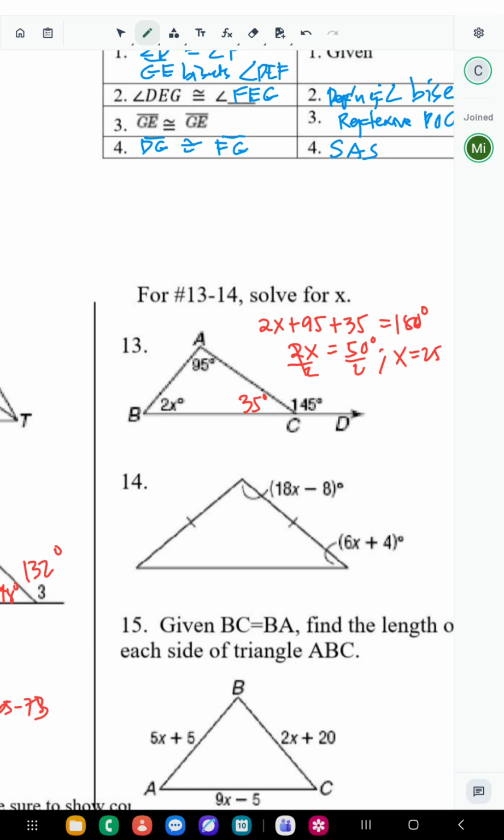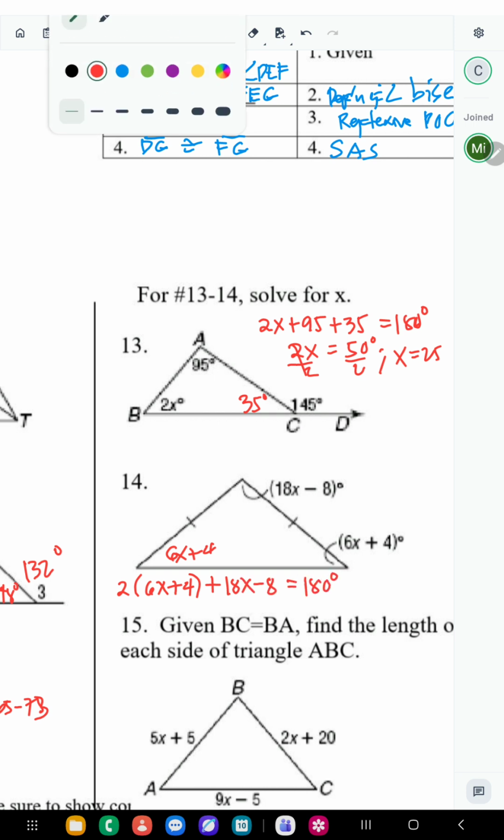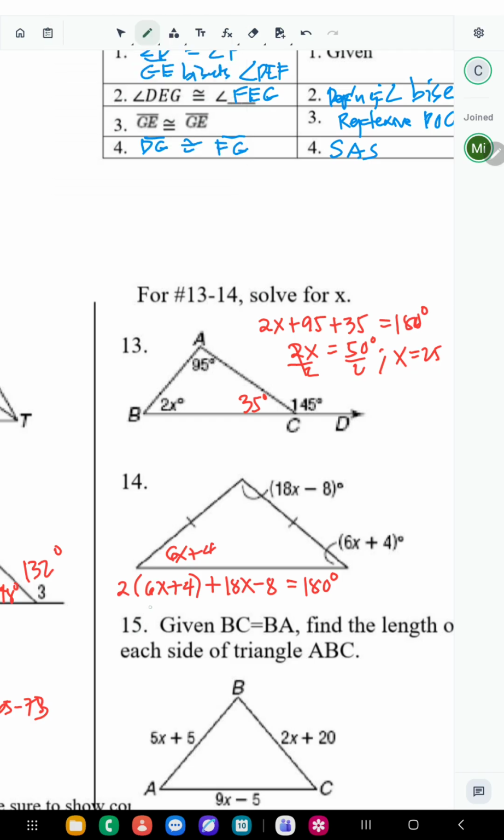Okay, number 14. We're given that the two sides of the triangle are congruent. So that means this is also 6x plus 4. So to solve for x, we add them up. So that is 2 times 6x plus 4 plus 18x minus 8 equals 180 degrees. Then this is 12x plus 8 plus 18x minus 8 equals 180.